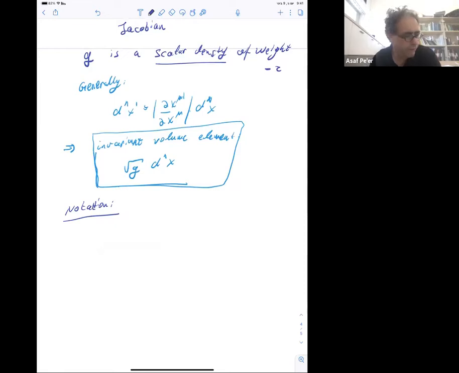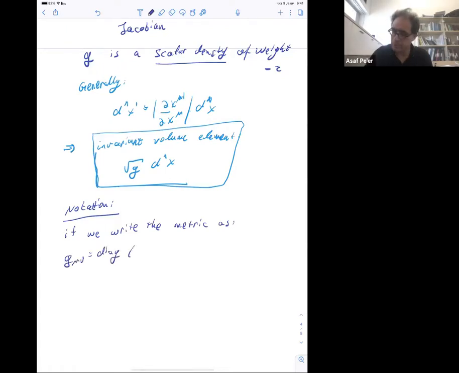We said that the metric is in what's called canonical form if we can write g mu nu as a diagonal, with some minus ones first, then plus ones, and then zeros at the end.